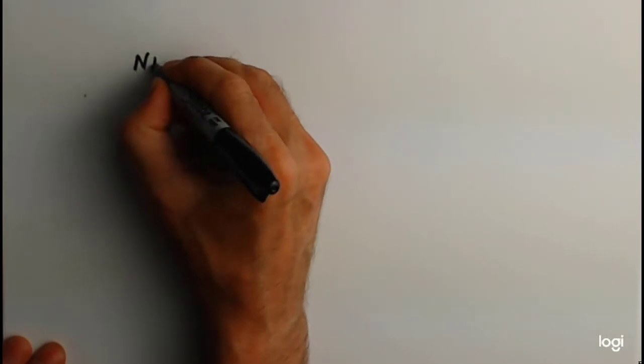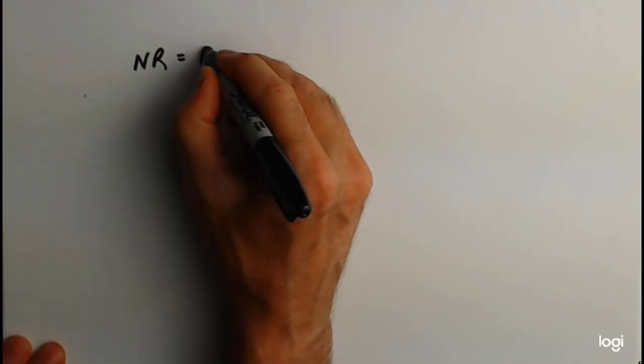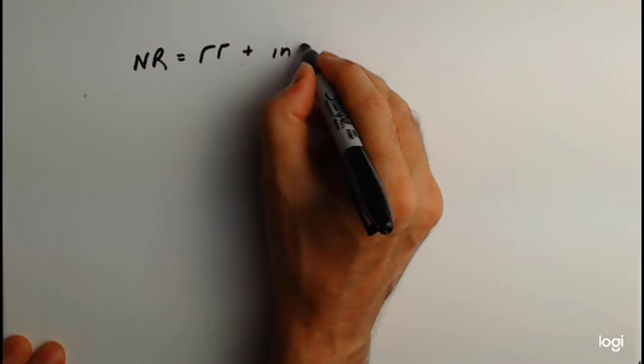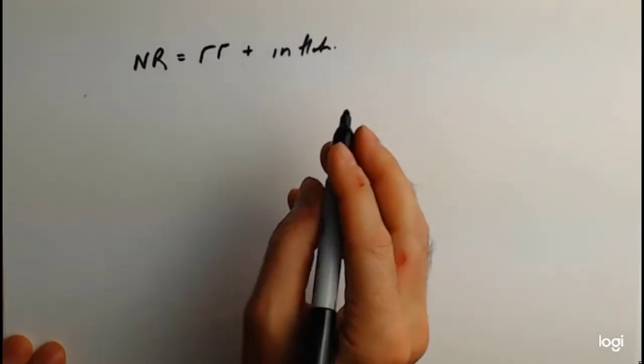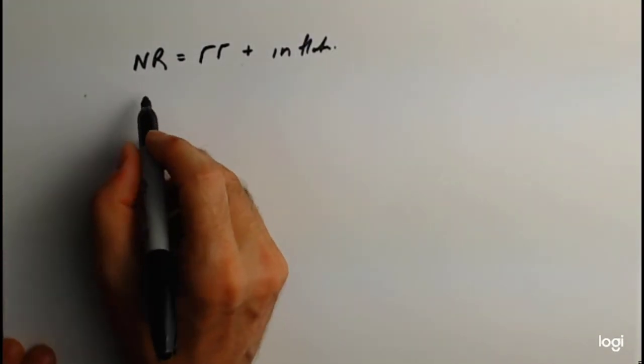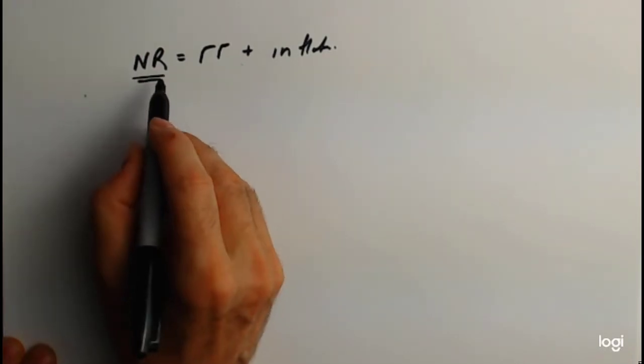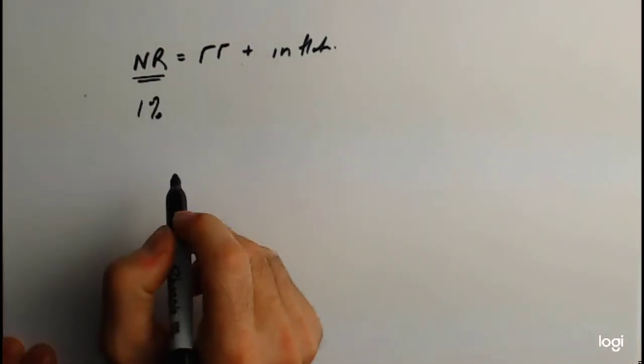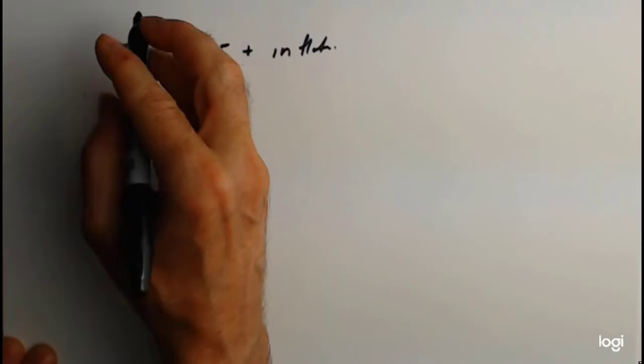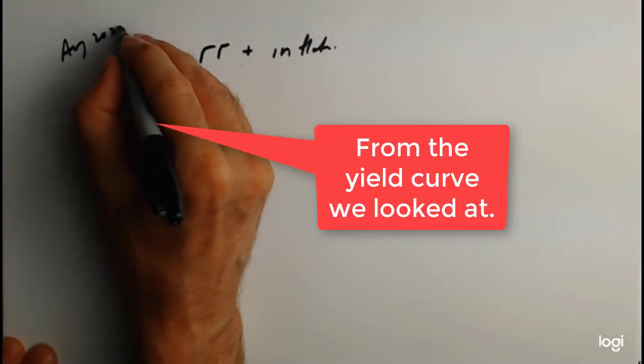The Fisher hypothesis says this: we have a nominal rate, which is what we're used to, equals a real rate plus an inflation premium. Now we saw interest rate yields on bonds that were around 1% right now. Okay, this is August 2020.